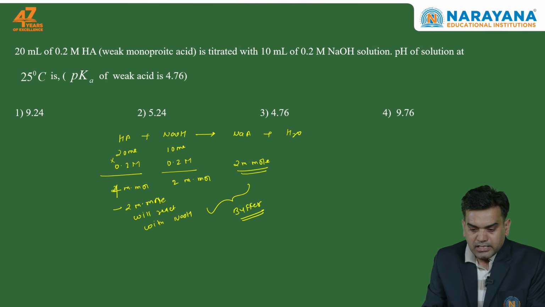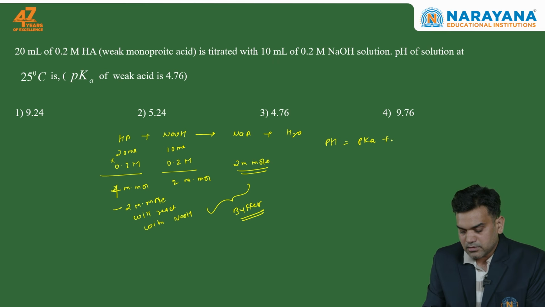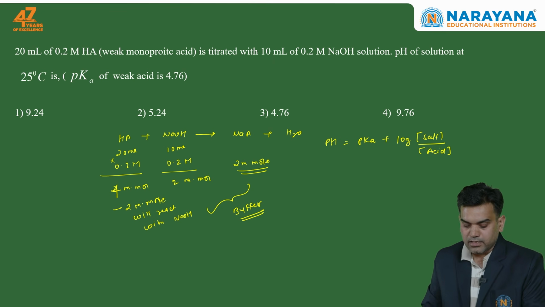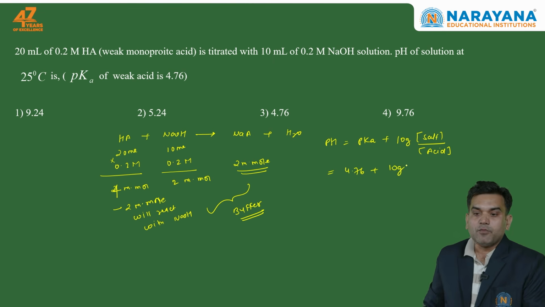So I can directly apply the equation that pH is equal to pKa plus log of the concentration of salt divided by the concentration of remaining acid. As per the question, pKa is equal to 4.76 plus log of the concentration of salt.